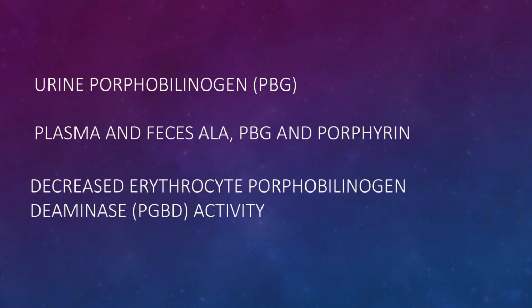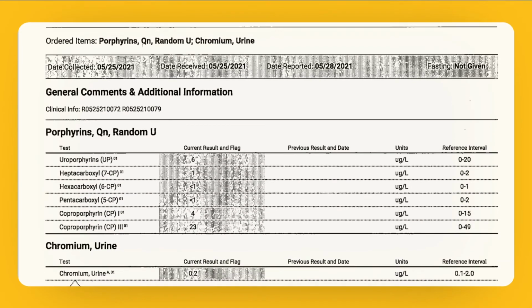But obtaining a urinary porphobilinogen, if it's very elevated, is highly sensitive, but one may need to repeat the test during an attack in order to obtain a positive result.